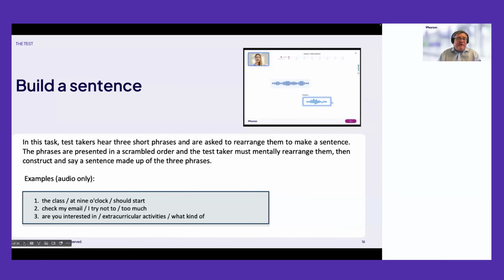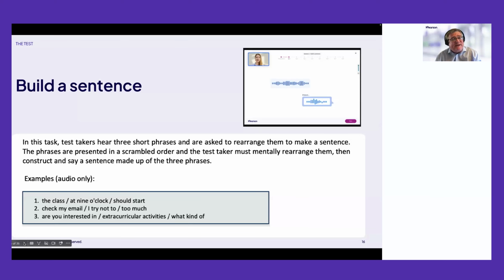Similarly, another question format is build a sentence. Now here, the test taker gets some parts of a sentence and they have to recombine them in order to produce something which is grammatically correct and in the correct order. So again, from the test taker's perspective, it is relatively straightforward. They have three parts of a sentence that they have to recombine to make into a sentence.